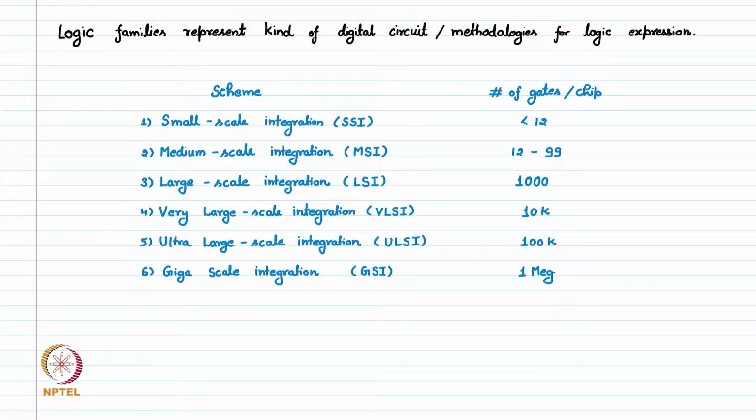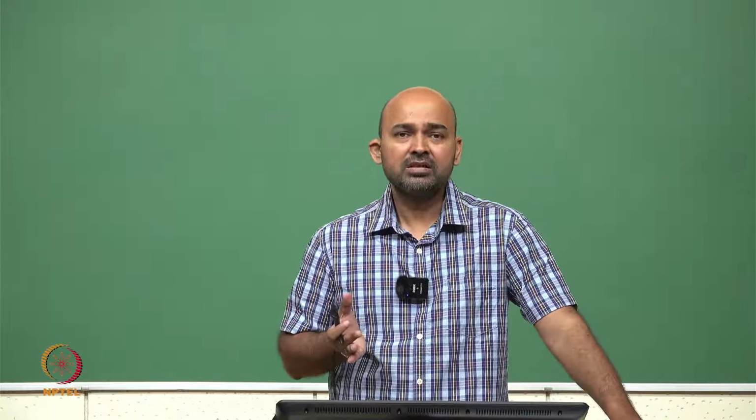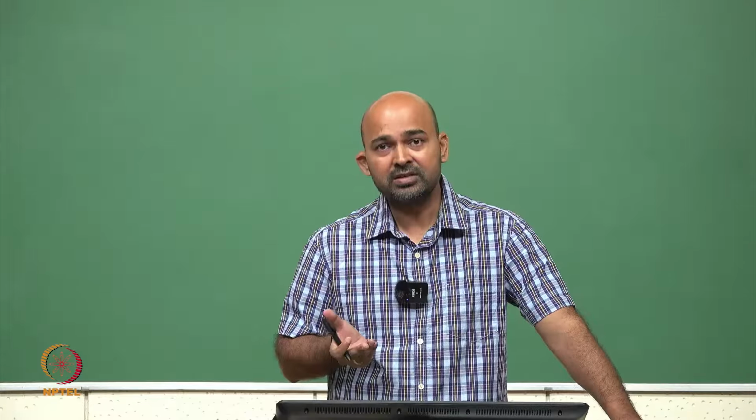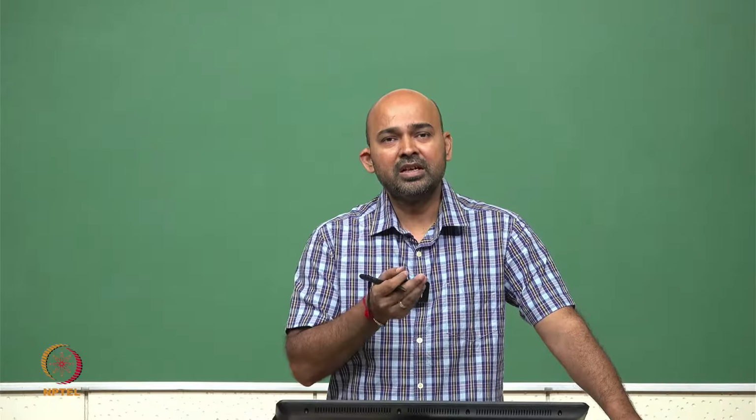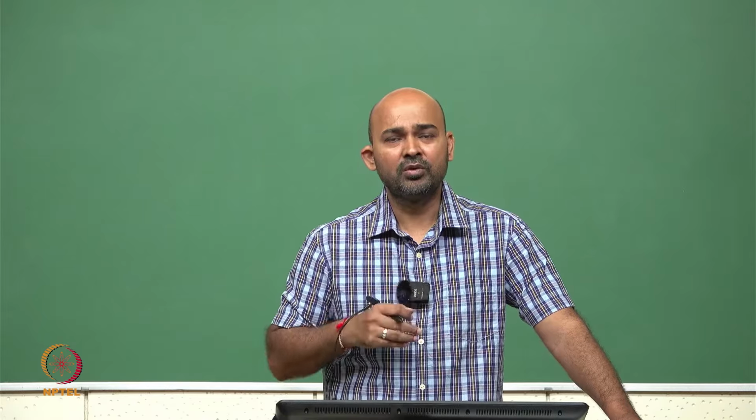So, based on the number of gates we are integrating on a single chip, we can define the scheme as SSI, MSI, LSI, VLSI, ULSI and GSI. Till now we have discussed logic gates. In logic gates, typically NAND and NOR gates, we have 3, 4 or 5 transistors.